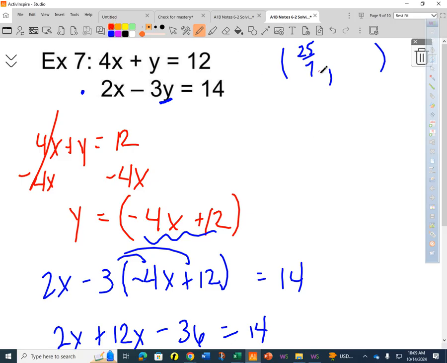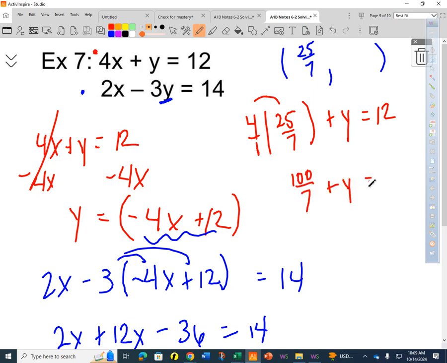So everywhere there's an x in either equation, now I can plug this in. So I'm going to work with this one again. 4 times 25 over 7 plus y equals 12. I'm going to go ahead and multiply this. That's 100/7 plus y equals 12.